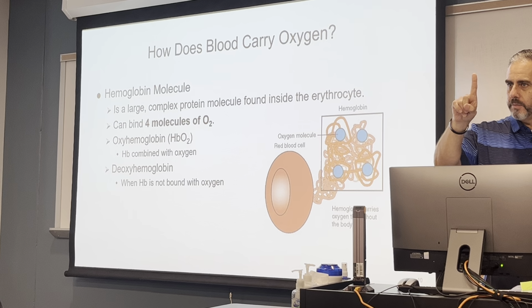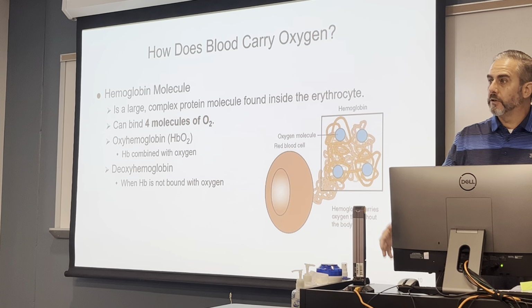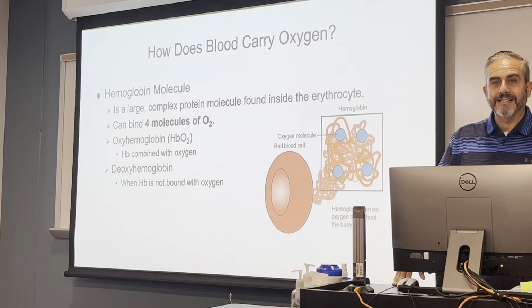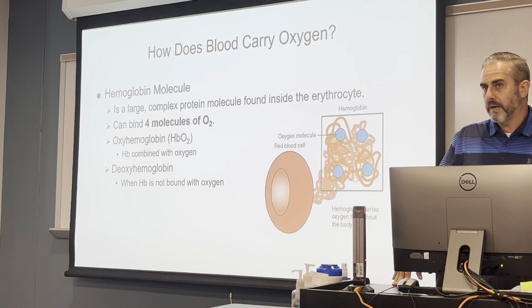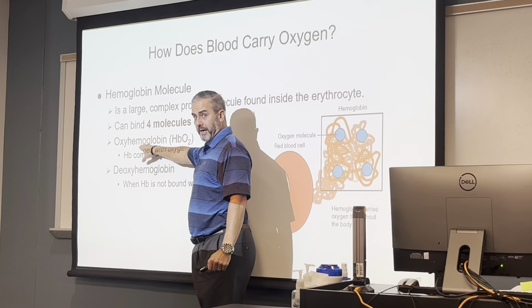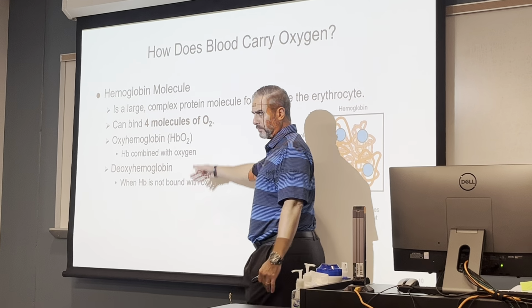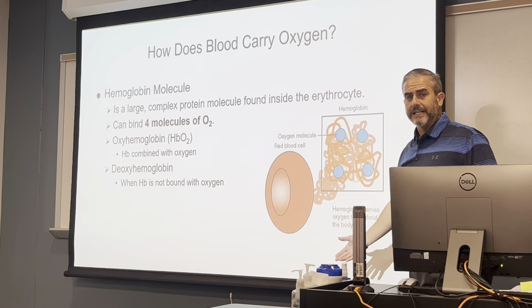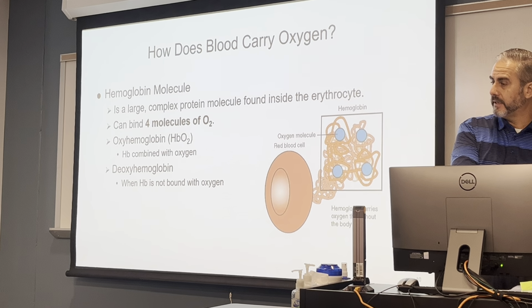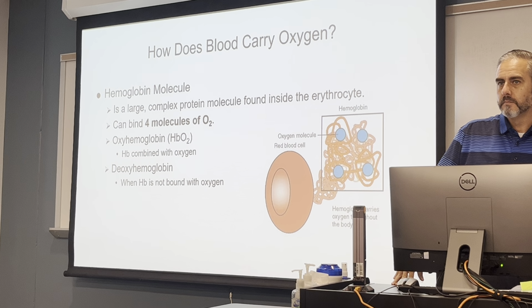So one hemoglobin can carry how much oxygen? 4 oxygen molecules. When it is carrying 4 oxygen molecules, we call that oxyhemoglobin. Oxyhemoglobin is hemoglobin that is combined with oxygen. You may see it abbreviated HbO2, Hb being hemoglobin, O2 being the oxygen.